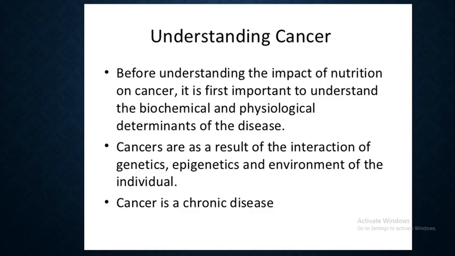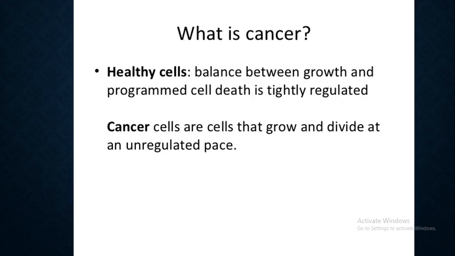Right. Before understanding the impact of nutrition on cancer, it is first important to understand the biochemical and physiological determinants of the disease. Cancers are a result of the interaction of genetics, epigenetics and the environment of the individual. Cancer is a chronic disease and you all know about cancers very well, right?